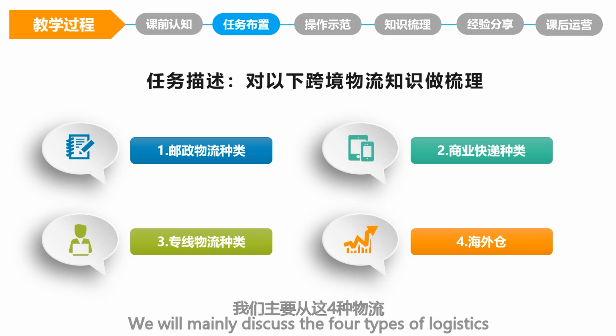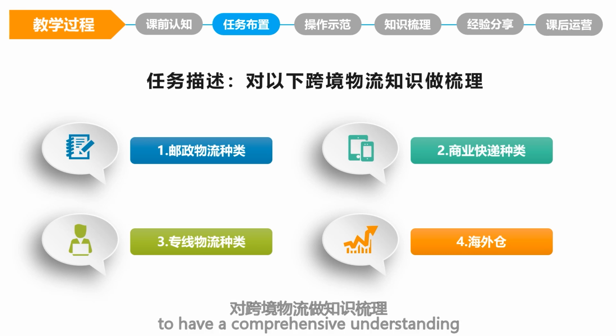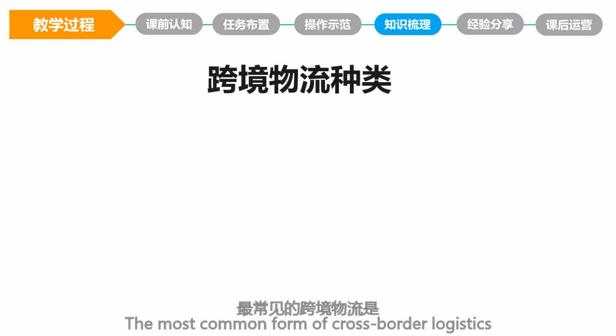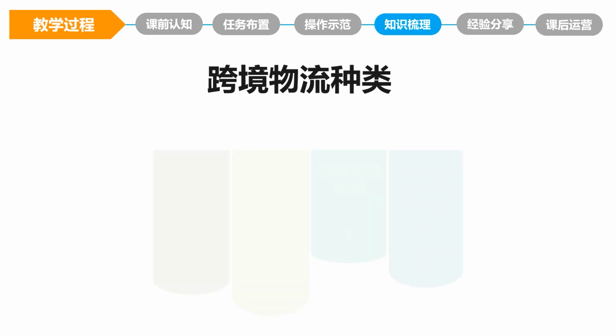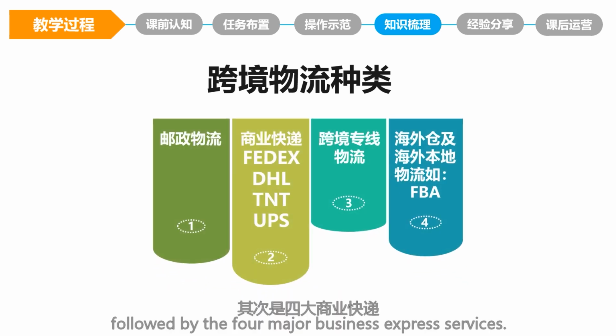We'll mainly discuss the 4 types of logistics and their respective categories to have a comprehensive understanding of cross-border logistics. The most common form of cross-border logistics is postal logistics, followed by the 4 major business express services.